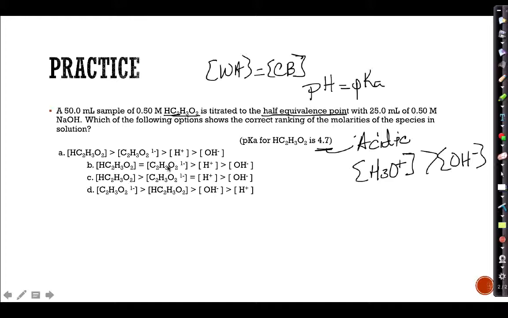And since it is an acidic solution, it should have more hydrogen ions than hydroxide. So it should be choice B, and that was without me doing any kind of math at all. Basically, all I did was use the fact that at the halfway equivalence point, the weak acid concentration is equal to the concentration of the conjugate base, and that the pH is equal to the pKa.